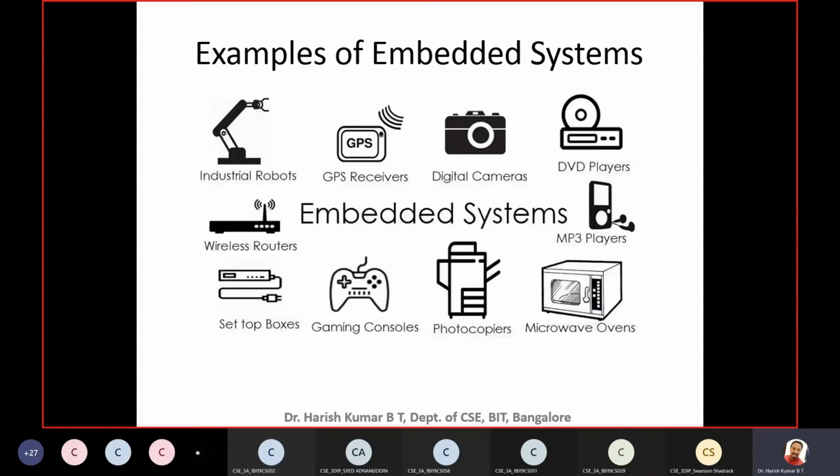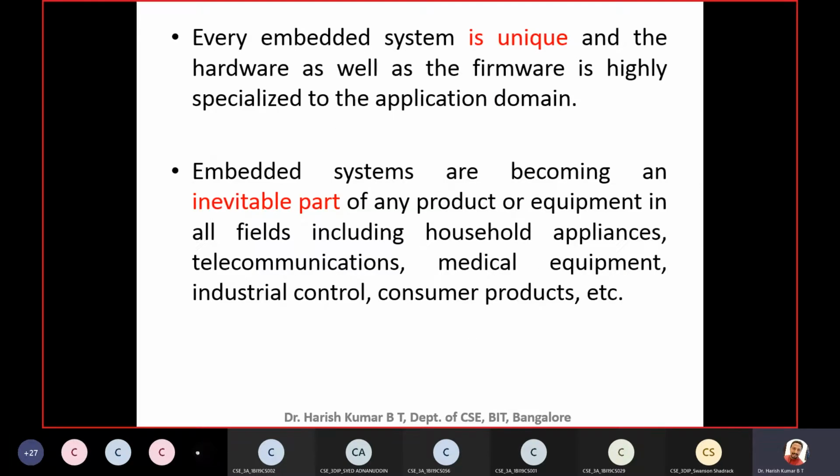Then we looked into a variety of examples of embedded systems. We also understood that every embedded system is unique in nature, and that embedded systems are an inevitable part of these days.